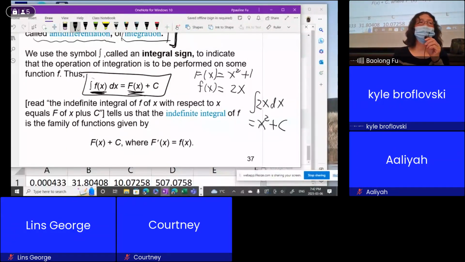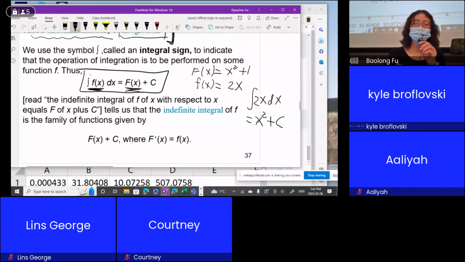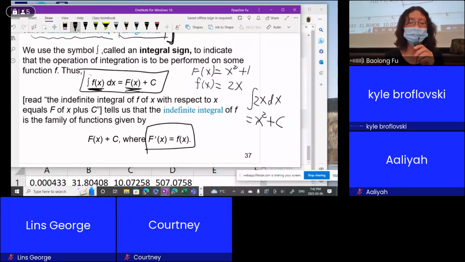This is one format of the relationship. Another relationship is this: by definition, if you take the derivative of capital F, you get small f.